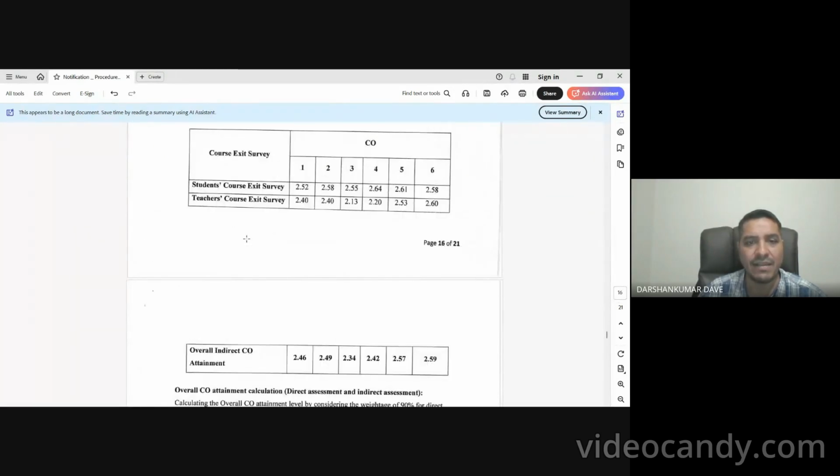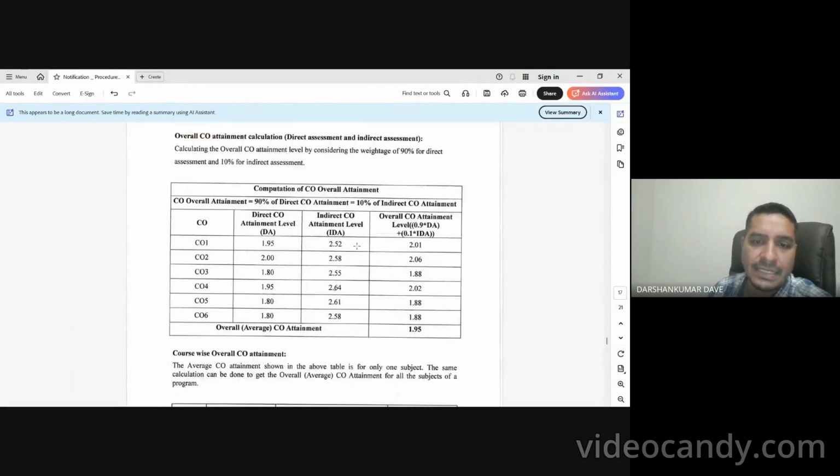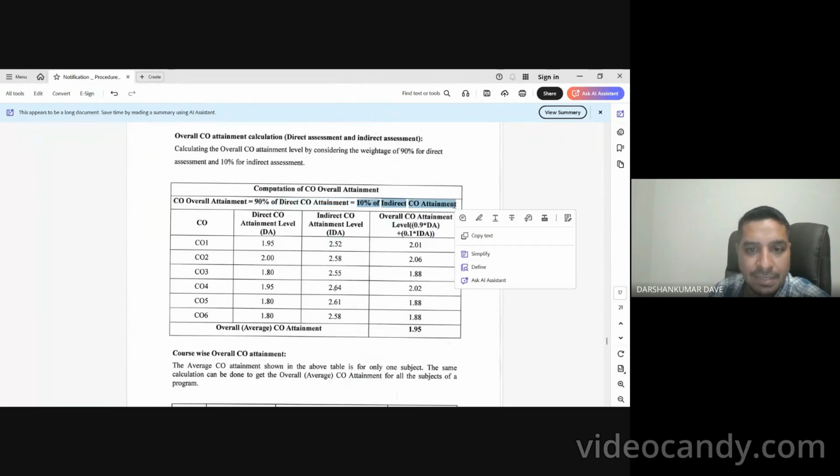Once you have the direct and indirect levels, you can write a table. So for CO1, the direct level was this, the indirect assessment gives this attainment, and so on. Now you have given 90% to direct attainment and 10% to indirect assessment.